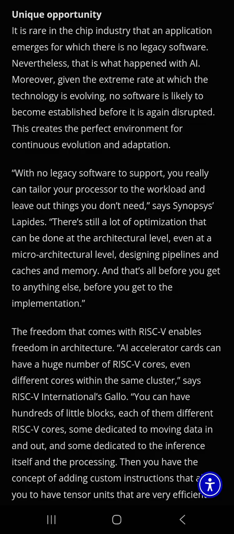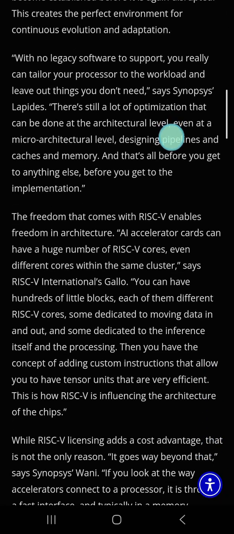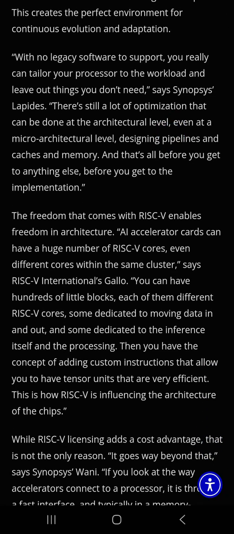"There's still a lot of optimization that can be done at the architecture level. Even at the microarchitecture level, designing a pipeline and a cache set in memory. And that's all before you get to the implementation. The freedom that comes with RISC-V enables freedom in the architecture. AI accelerator cards can have a huge number of RISC-V cores, every one different within the same cluster," said RISC-V International's Gallo.